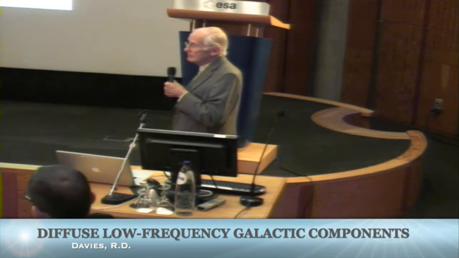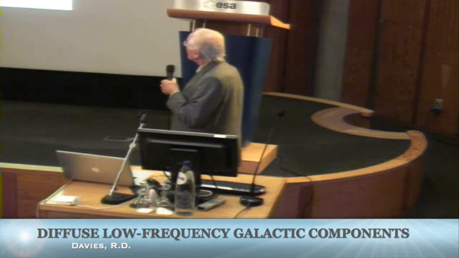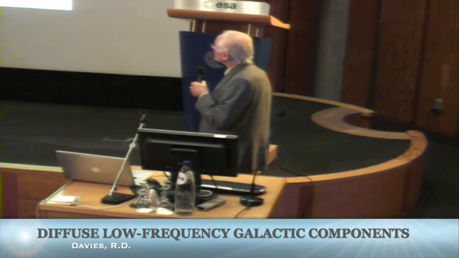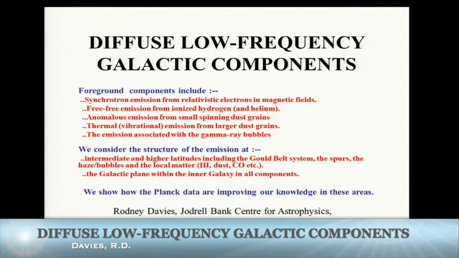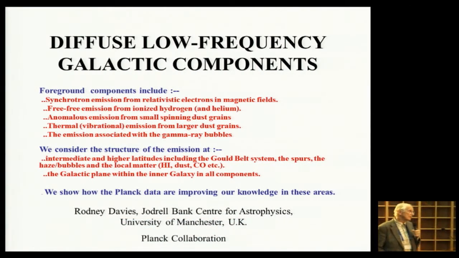My job is to say something about the relevance of Planck in the area of diffuse low-frequency galactic components. As you will all know, there are 4 and perhaps 5 major emission components.